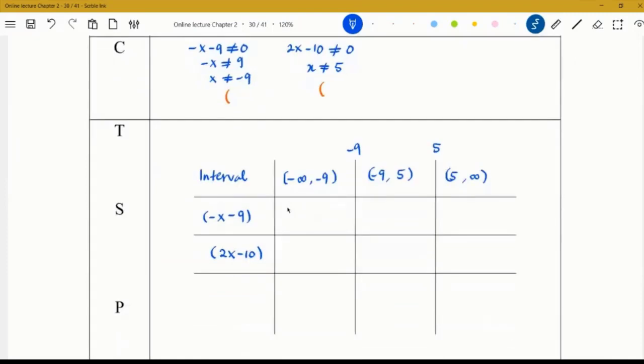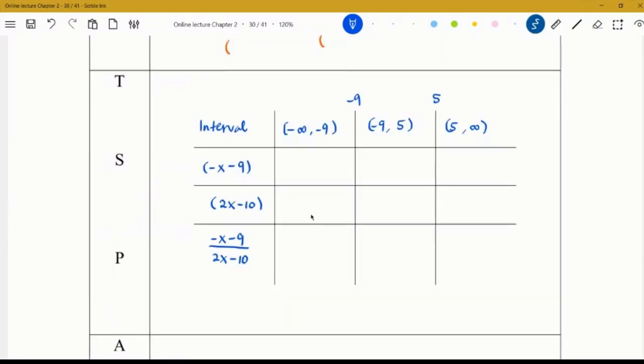Okay, so yang last kali adalah product of sign. Kita tulis balik equation yang kita ada. Okay, so now kita nak fokus kepada yang ini dulu. So kita nak cari plus. Bermaksud kita akan let dia greater than 0. So negative x minus 9 greater than 0. So negative x greater than positive 9.